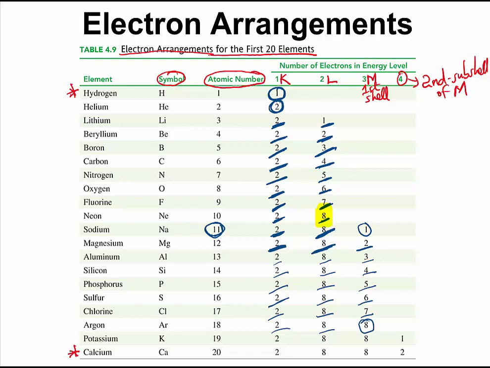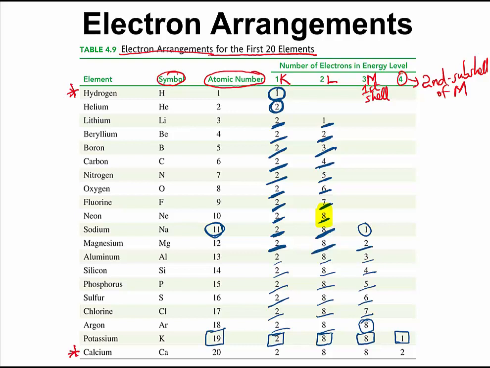If you now move on to potassium, potassium has 19 electrons, the first 2 of which will go into the K shell. The next 8 will go into the L shell. Another 8 will go into the first subshell of M, and the remaining 1 will go into the second subshell of M. And you get the idea for calcium.